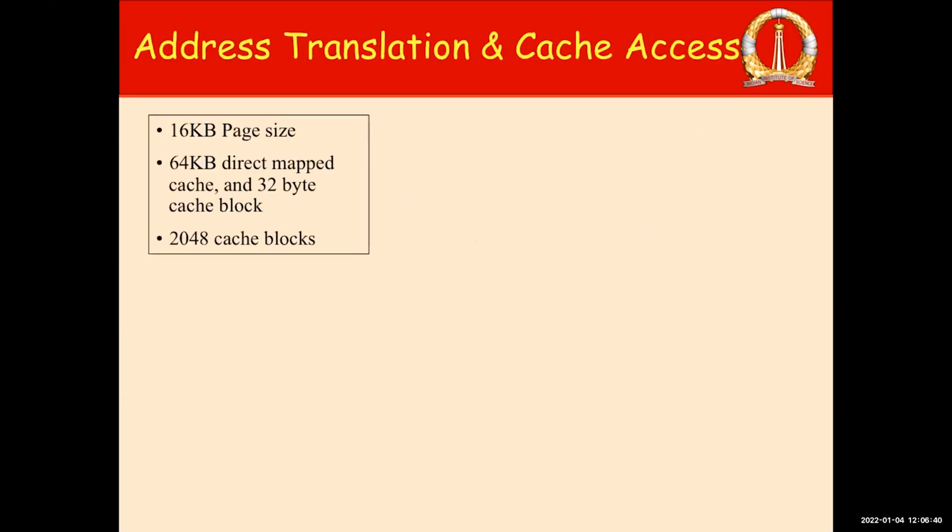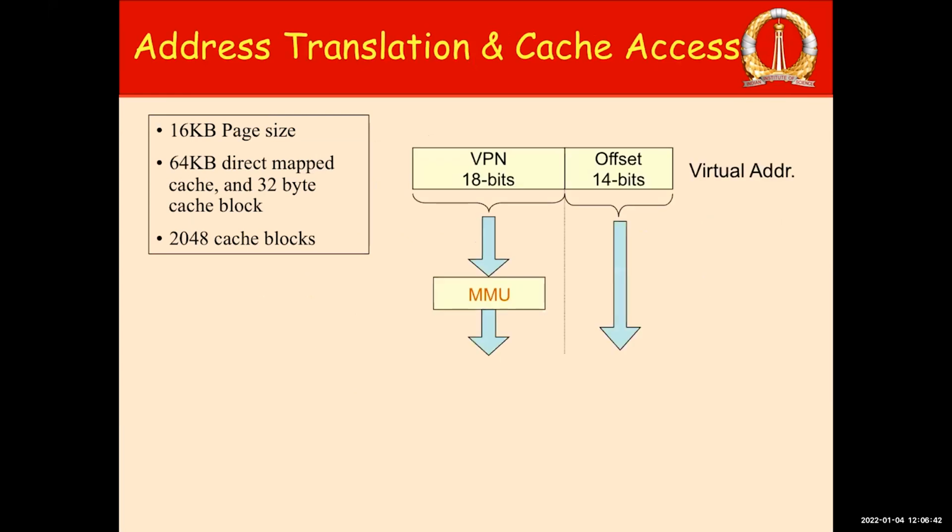People have talked about using some part of the virtual address to start indexing the caches. If you wait for the address translation to happen, and after the address translation you use the physical address to index into the cache, then this is what is called a physically indexed, physically tagged cache, or a physical cache.